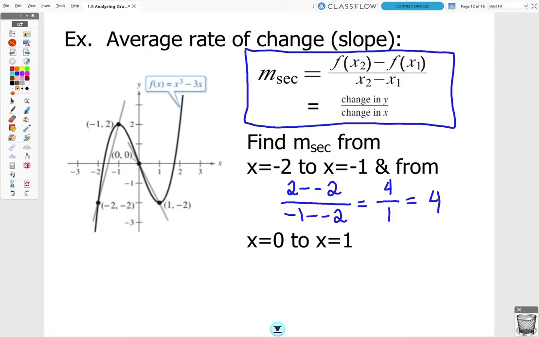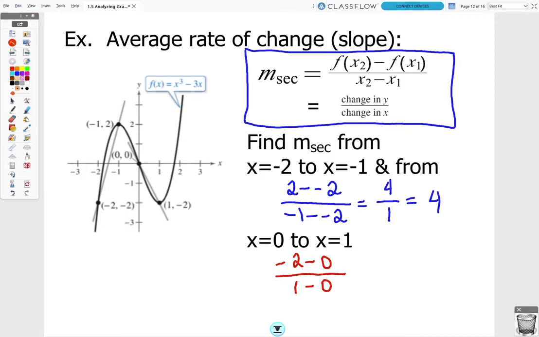The second one is decreasing. So what kind of slope do you expect to see for the second one if it's decreasing? Negative slope. So we find a y value, which is -2, minus the y value of the other point, which is 0. We divide that by the change in x, which is 1 minus where it started off, which was 0.